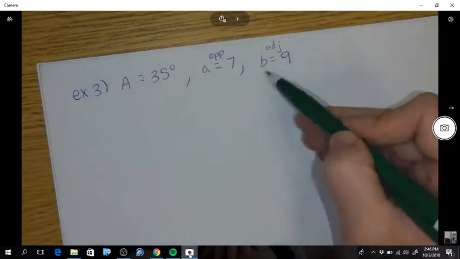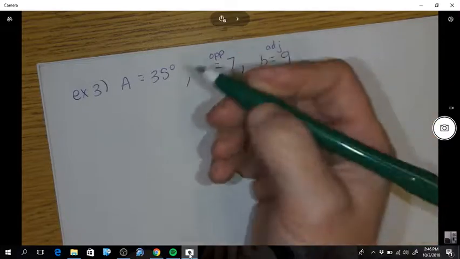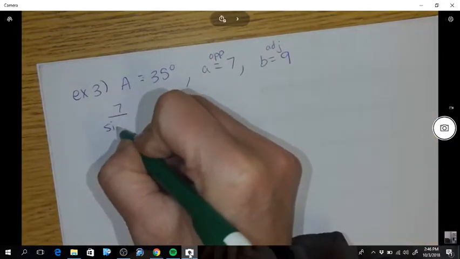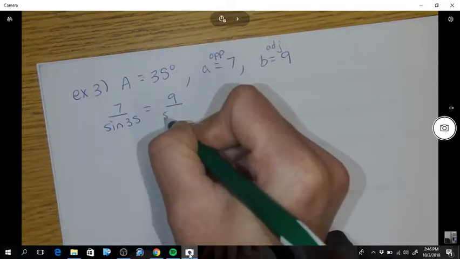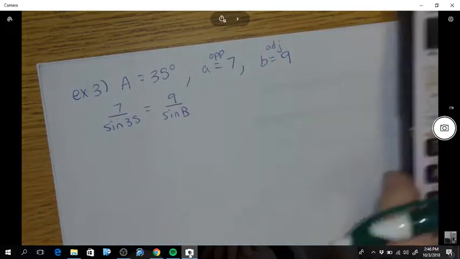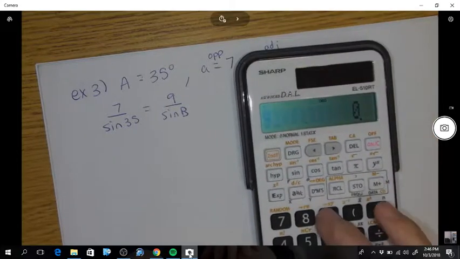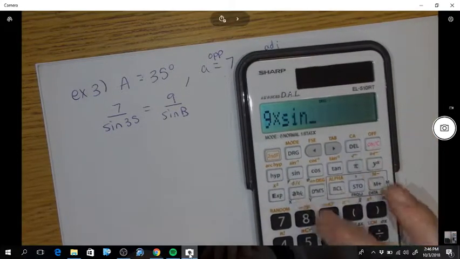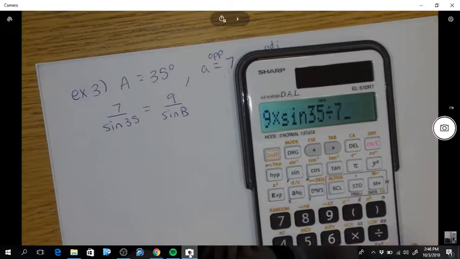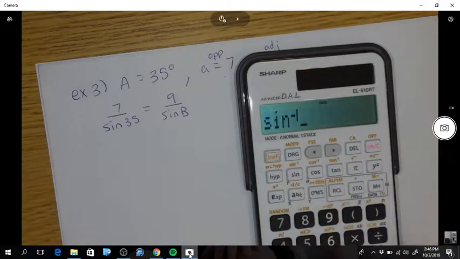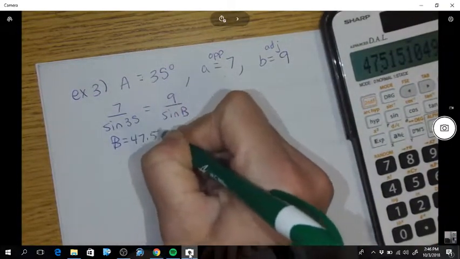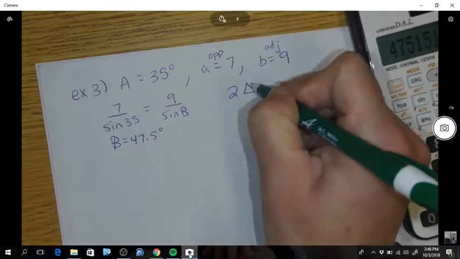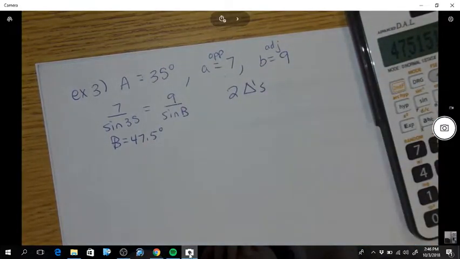I have a smaller than, so I have to test. 7 over sine 35 equals 9 over sine B. So we go 9 times sine 35 divided by 7, inverse, 47.5 degrees. So therefore, there's going to be two triangles.